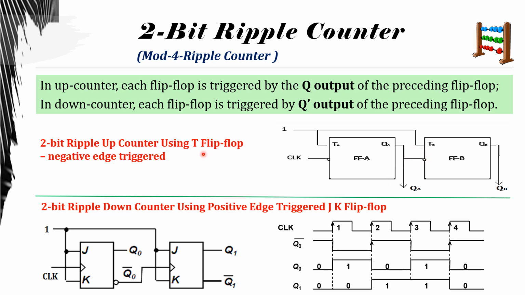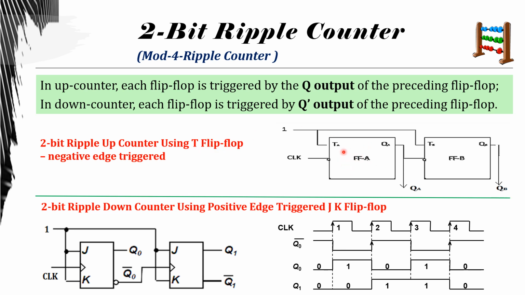Now let us look into a 2-bit ripple up counter designed using T flip-flop, and it is negative edge triggered. Since it is a 2-bit counter, we need 2 flip-flops, and we are making use of T flip-flop.